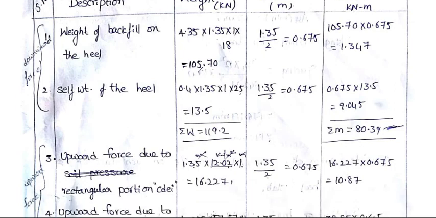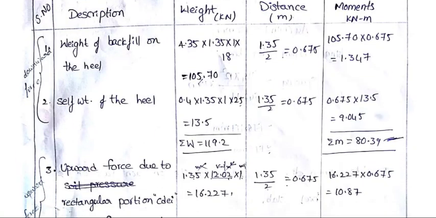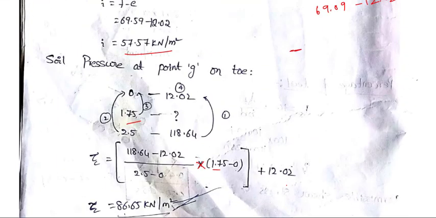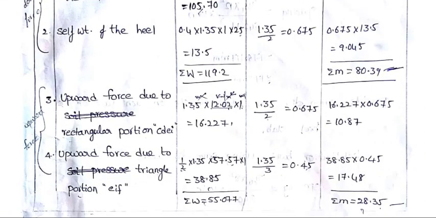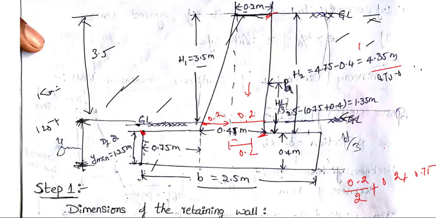Now when you are considering this one, you can see there is a downward force and an upward force. Okay, that backfill, which one are we designing? We are designing the heel slab, and while designing the heel slab, the weight of the heel slab will act downwards, and this backfill also acts downwards.